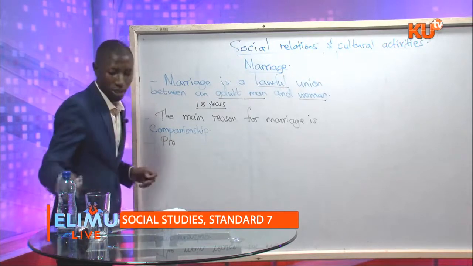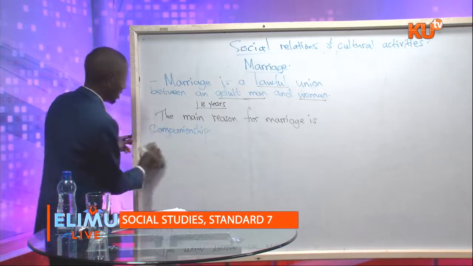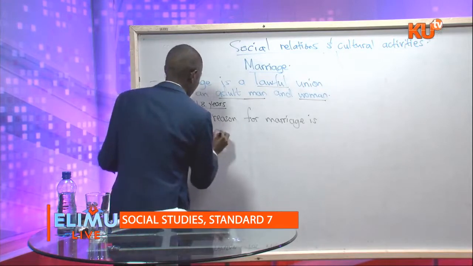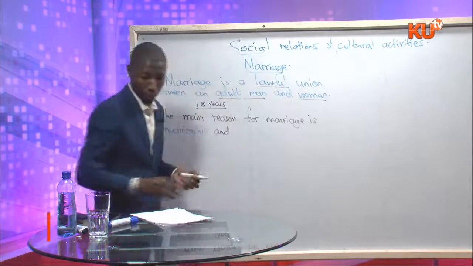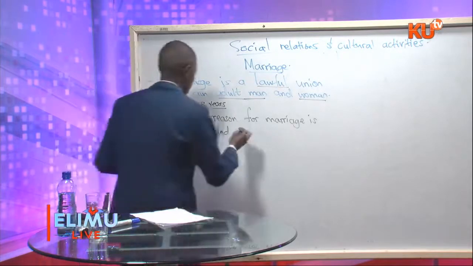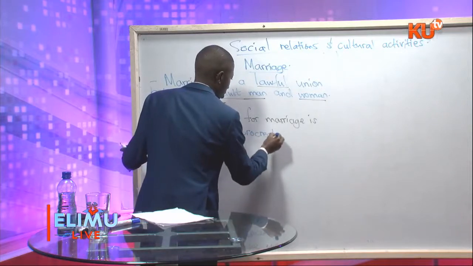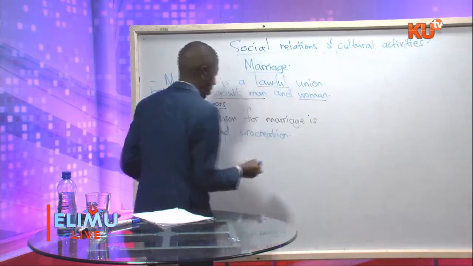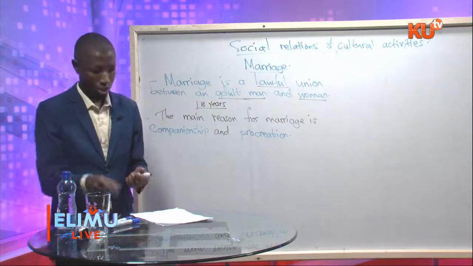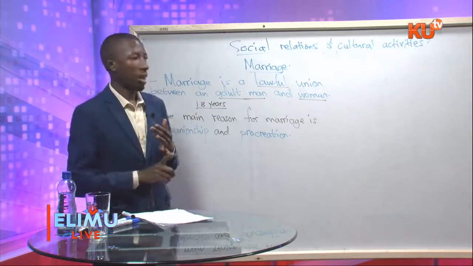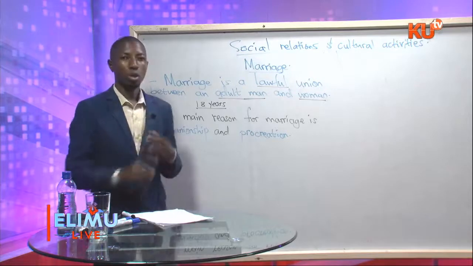Actually, I should put them in one sentence because it's just one reason: companionship and procreation. So those are the two reasons why people marry. One, to have companionship, and two, to procreate.